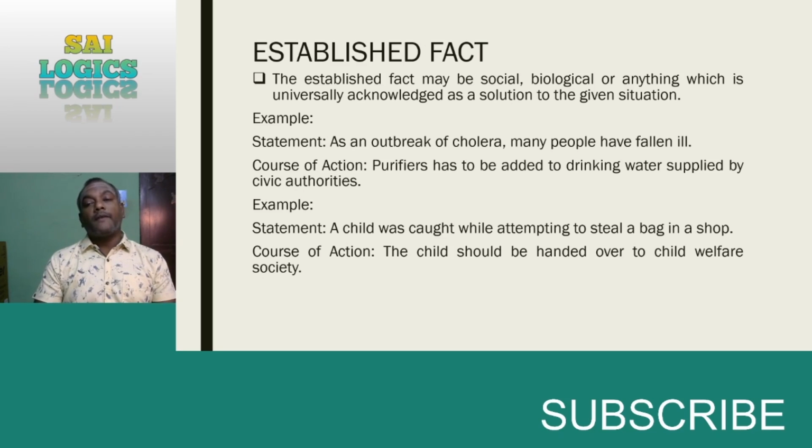Then the child will be taught many lessons and moral values. When he comes out of the society, he will become a good person. Then our problem will be totally solved. So when we are giving a course of action, you need to check whether the course of action is solving the problem or not.